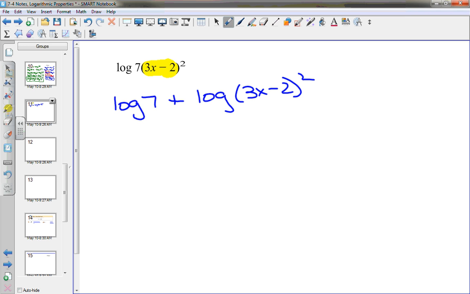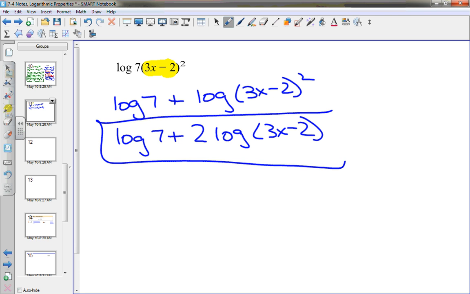Now what? Squared goes out in front. So log of 7 plus 2 log of 3x minus 2. And you leave it alone because that's the head of the body of that 3x minus 2. Do you all understand that? Why would the 3x minus 2 stay together? Because it's already in log world as subtraction, but it's attached as a binomial. Since it's a binomial, leave it alone.